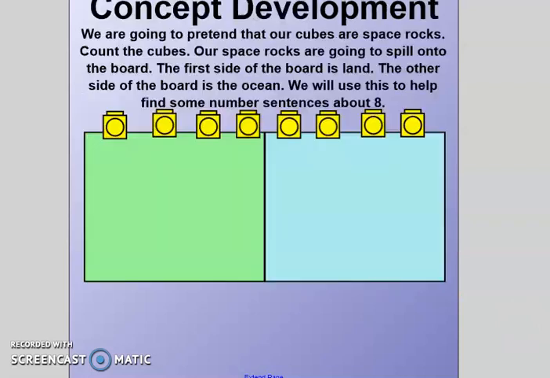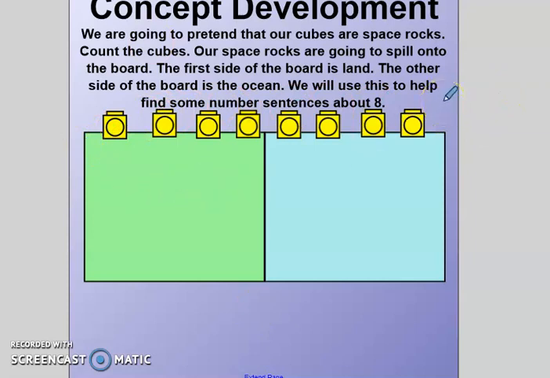You'll need 8 of something that are the same, and we're going to separate them. So we are going to pretend that these cubes are space rocks. Let's count our space rocks. 1, 2, 3, 4, 5, 6, 7, 8. Okay? So these are our space rocks.